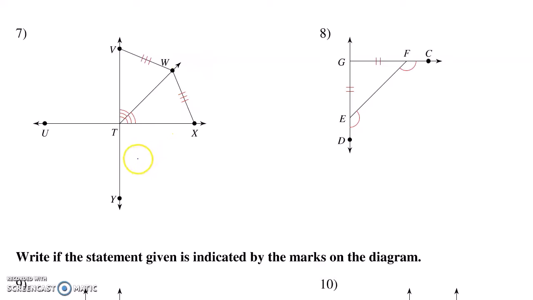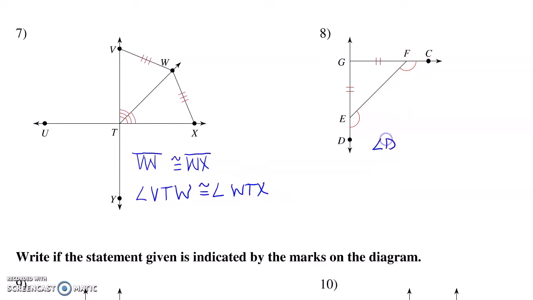Here we have segment VW is congruent to segment WX, and angle VTW is congruent to angle WTX.